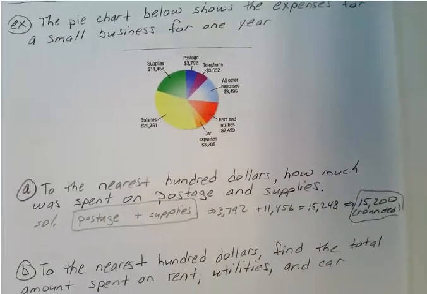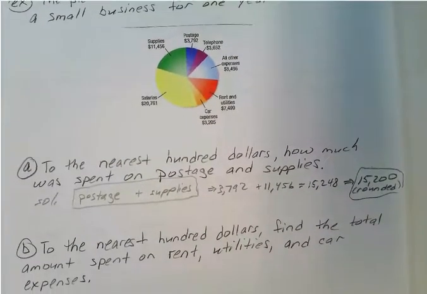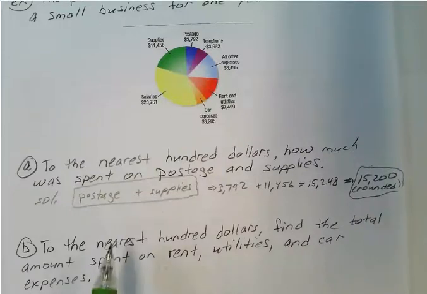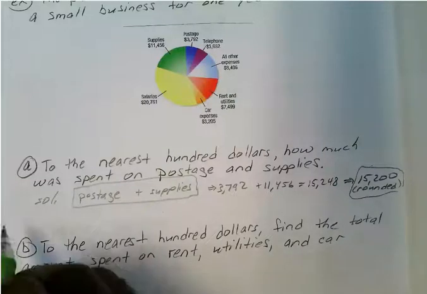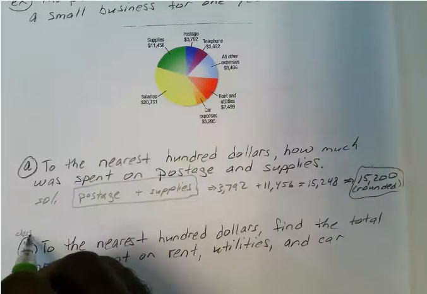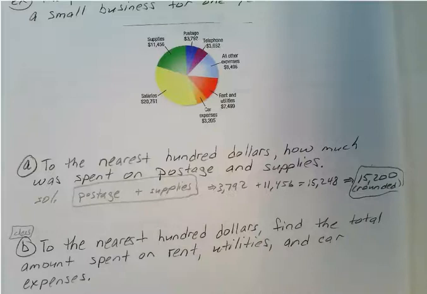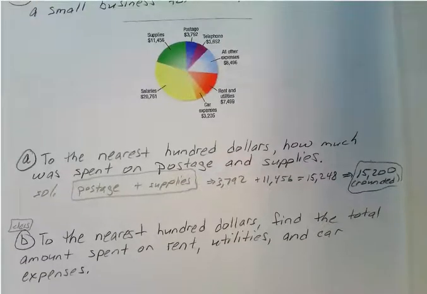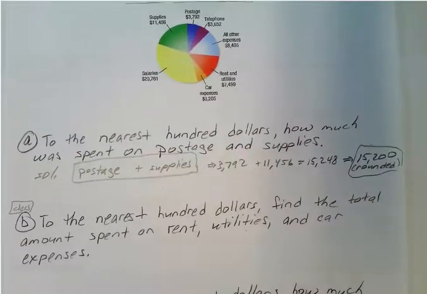All right, so what if we go up to problem B? Say to the nearest $100, find the total amount spent on rent, utilities, and car expenses. So I want you to press pause and do this one on your own. All right, so I'm assuming you have pressed pause and worked this one out.